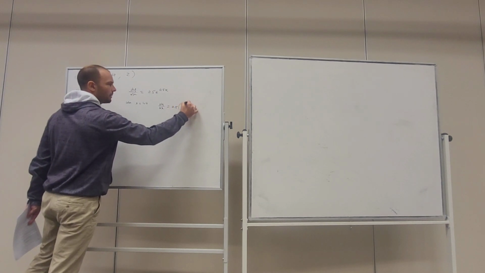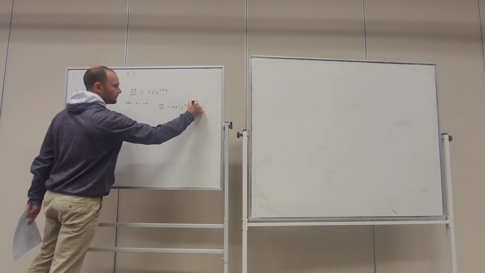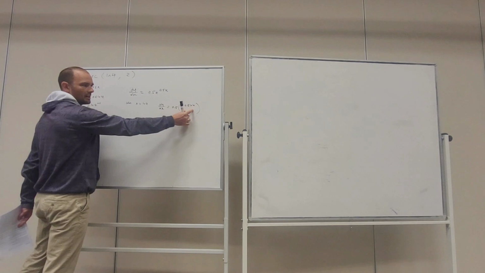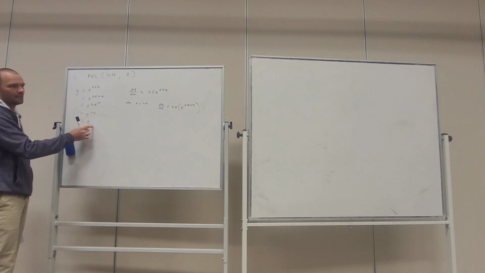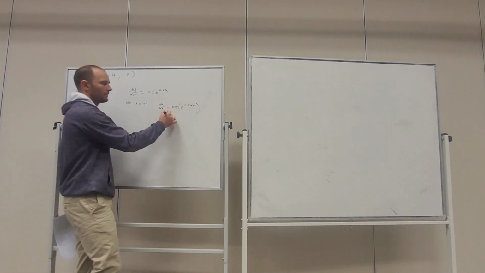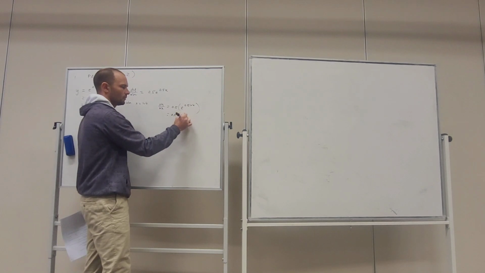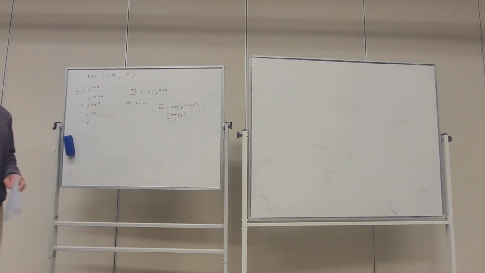Now, I know that this part, 0.5 ln 4, I already know that that part simplifies to 2, right? We did it over here. So it becomes 0.5 times 2, which is 1. We have a slope of 1. All right, might be going a bit quick.